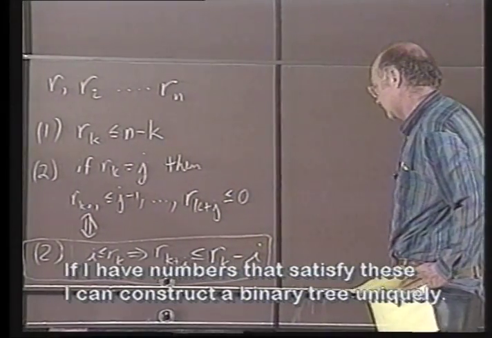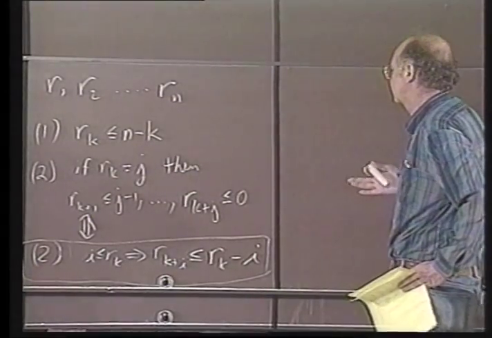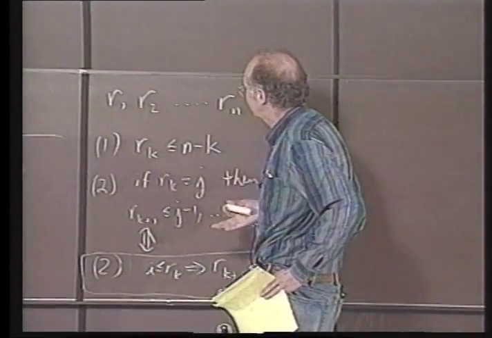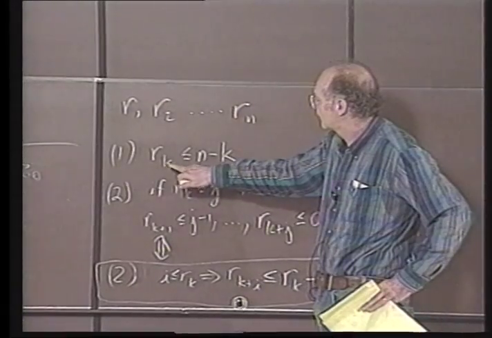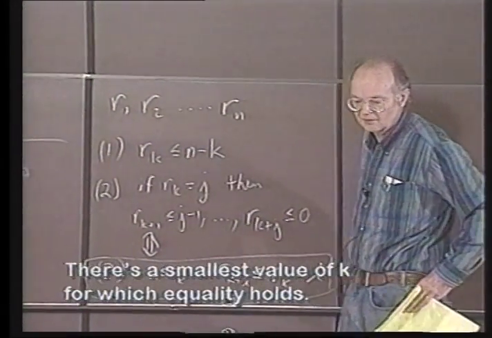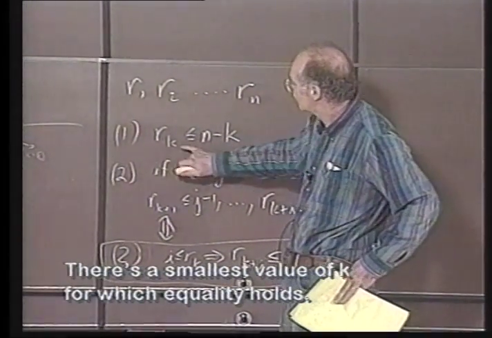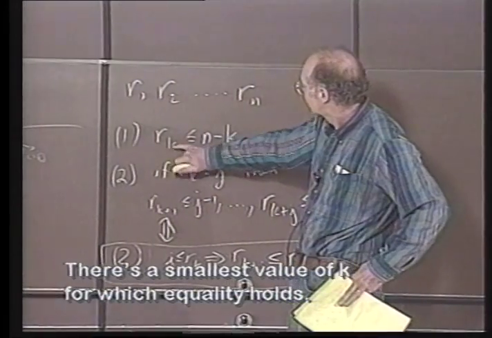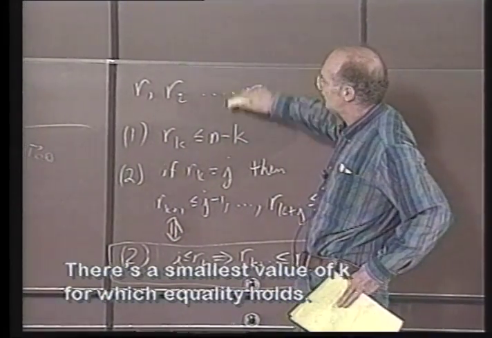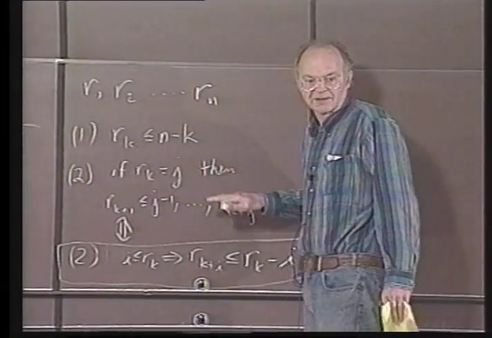Okay, well, I won't go through a formal proof. It's intuitive, but we get the idea that there is a smallest value of k for which equality holds. It certainly holds true for k equals n. The last guy is always 0. And there might be earlier ones where R sub k equals n minus k.